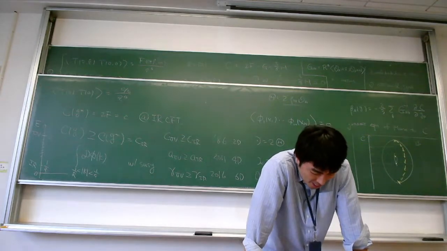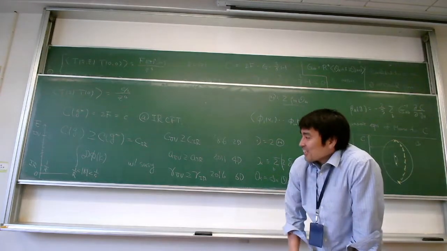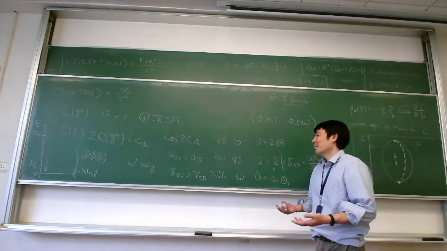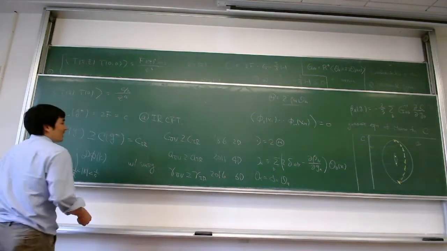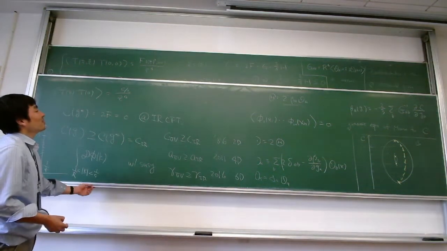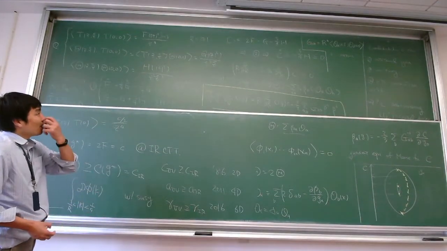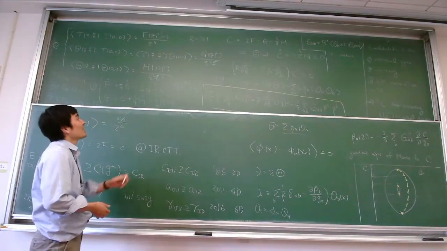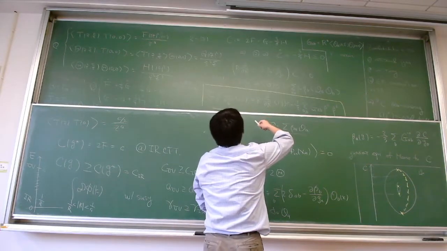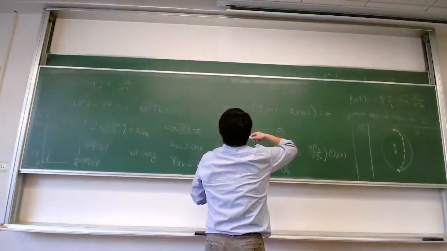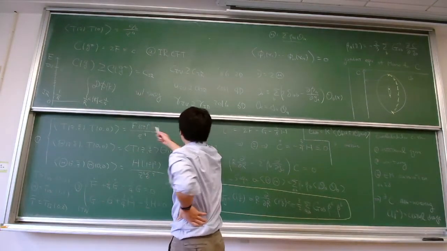Good question. Odd dimension. Here we really use the evenness of dimension, because everything depends on d squared and so on.